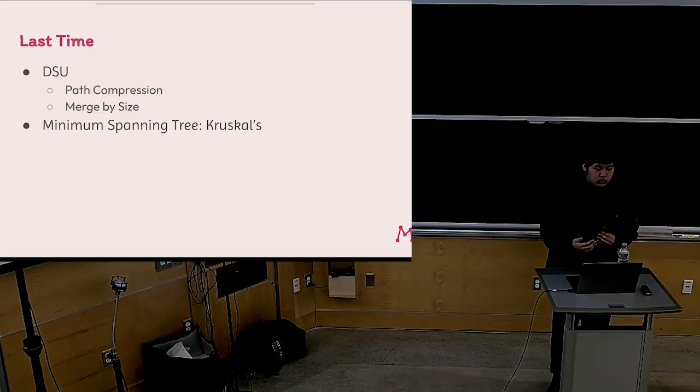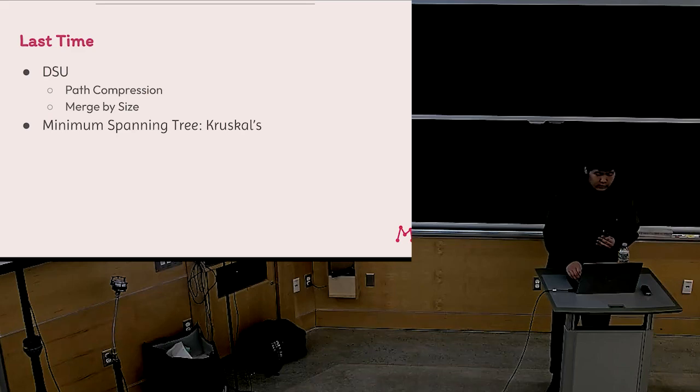Last time we covered DSU path compression and merge by size, two optimizations that, if each used separately, would improve the complexity of queries of the root and merges to O of log n per query, and if used together will improve the complexity to O of inverse Ackermann, and the minimum spanning tree by Kruskal's algorithm, which is one application of DSU.